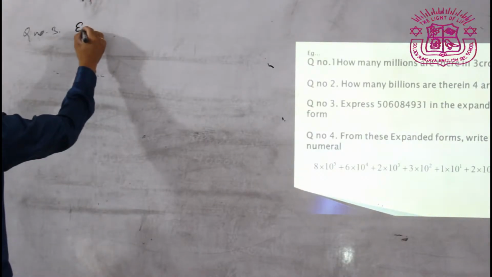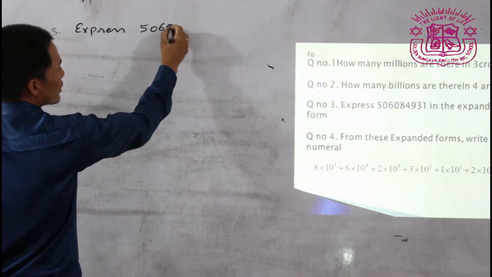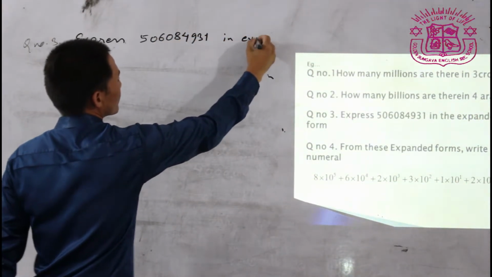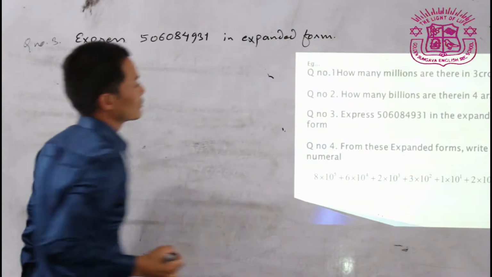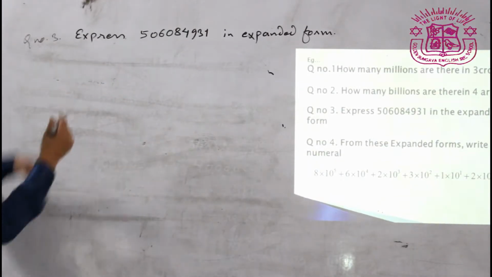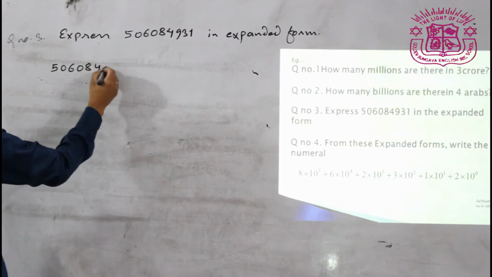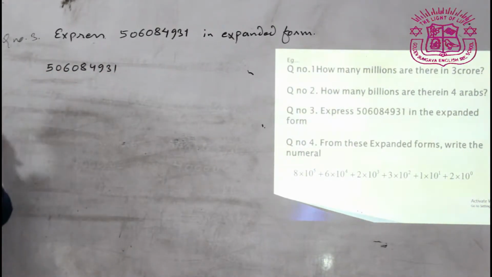Express 50608491 in expanded form in terms of 10, right? So 50608491. And how do we expand this number?